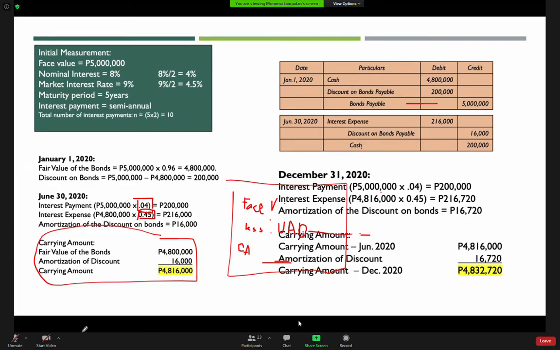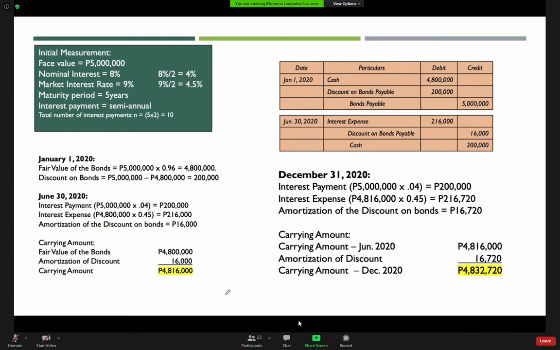Then we have here, this is for December 31. So for December 31, okay, ang magiging basis ng computation natin for the effective interest or interest expense will be the carrying amount niya. Of course, itong carrying amount dito, yun yung i-carry over mo dito. Okay?